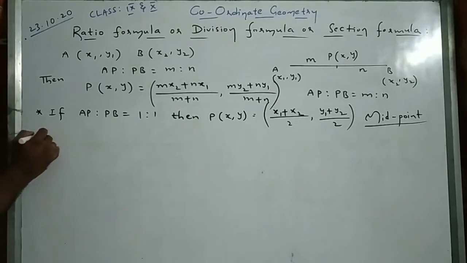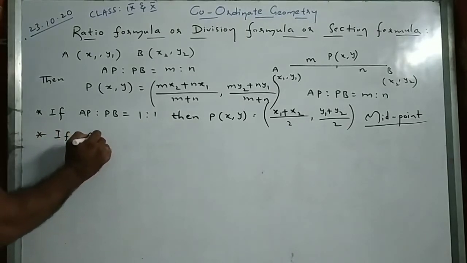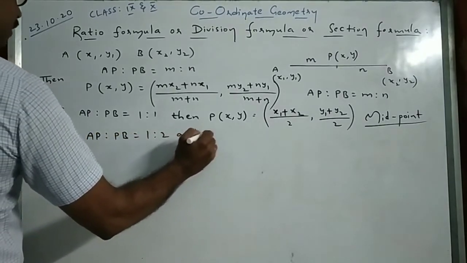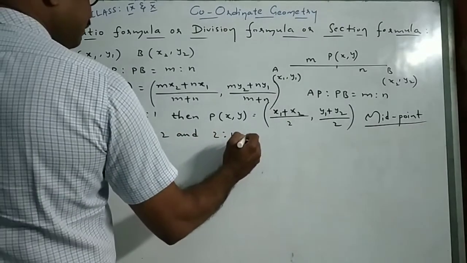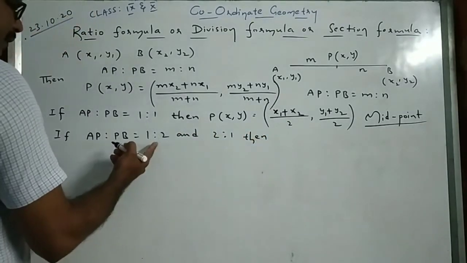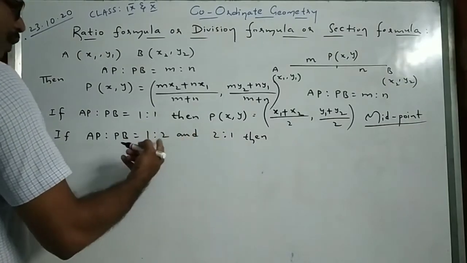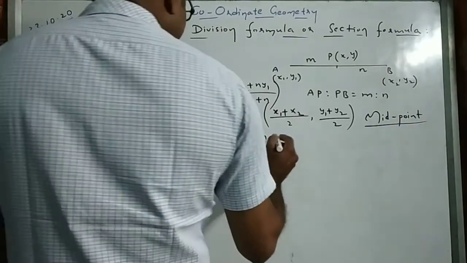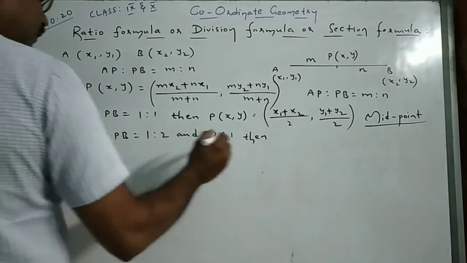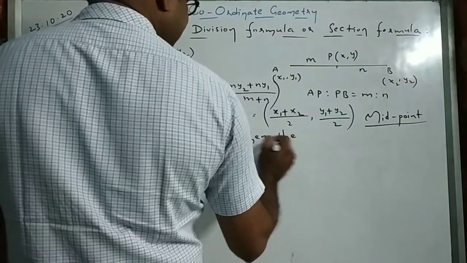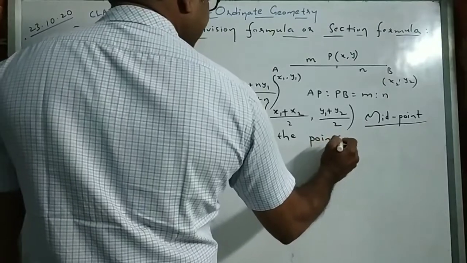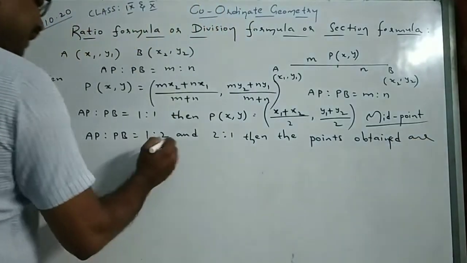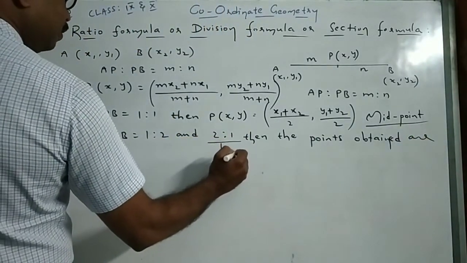Suppose if AP is to PB equal to 1 is to 2 and 2:1, then with the ratio 1:2, 1 point you will get, with the 2:1 another point you will get. Then the points obtained, this I will take AQ is to QB.